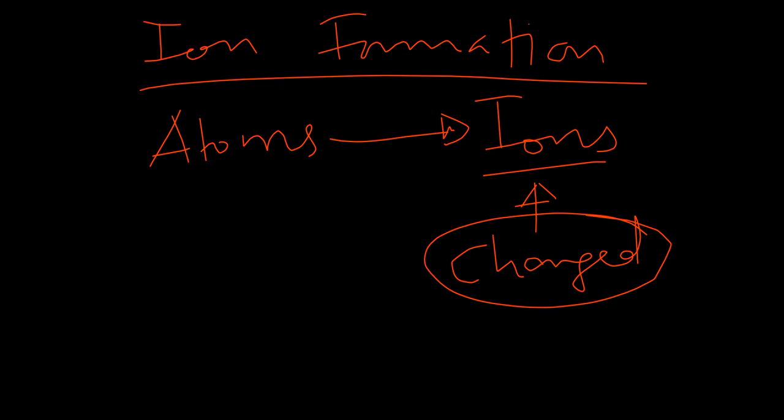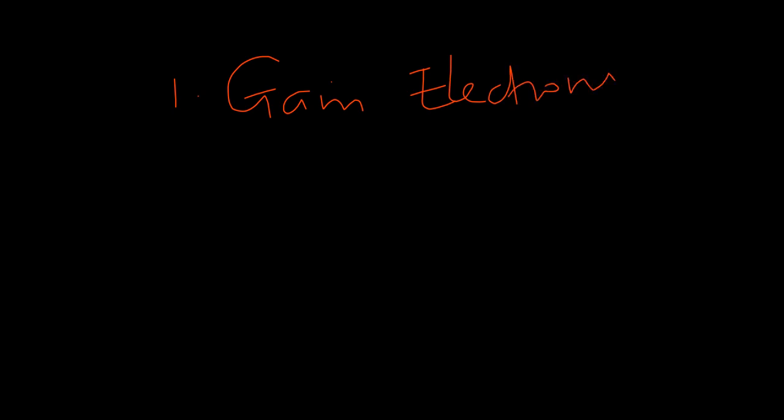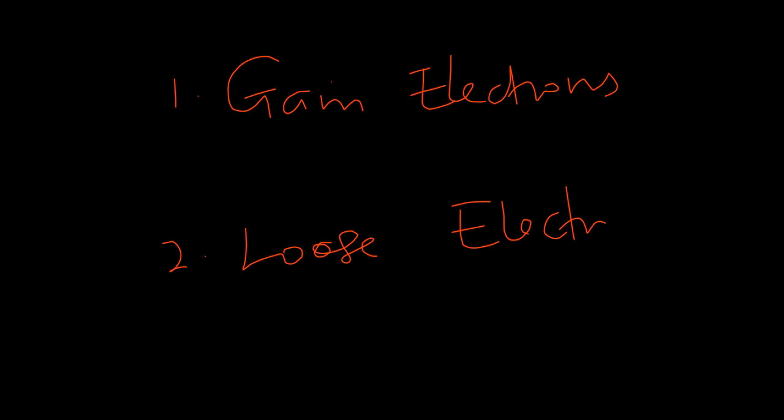Now, two things can happen to atoms in order to form ions. The first thing is that they can gain electrons, and the second thing is that they can lose electrons. So, atoms can gain electrons to form ions, or lose electrons to form ions.